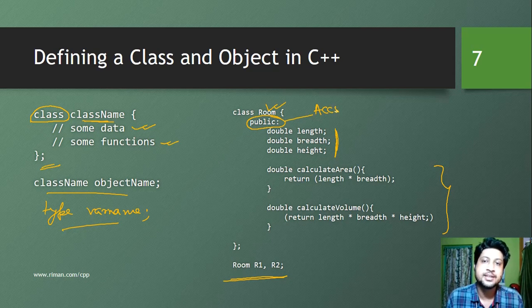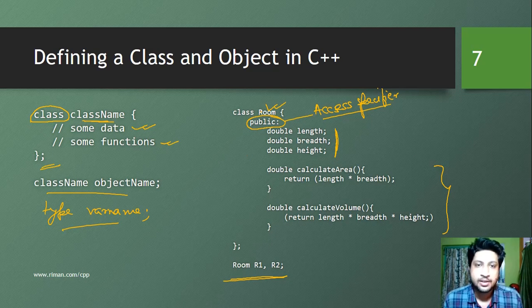The access specifier controls how these data members and member functions are accessed from outside the class. And this is how we have created two objects of this class room.